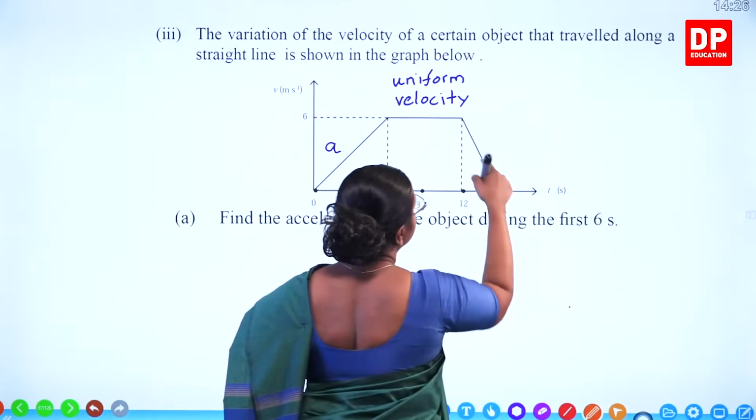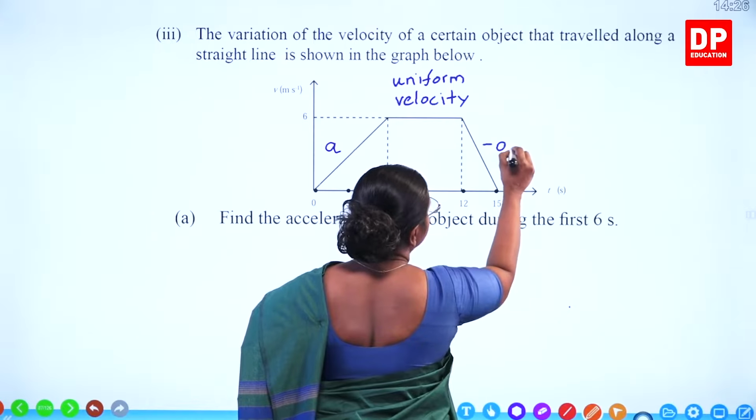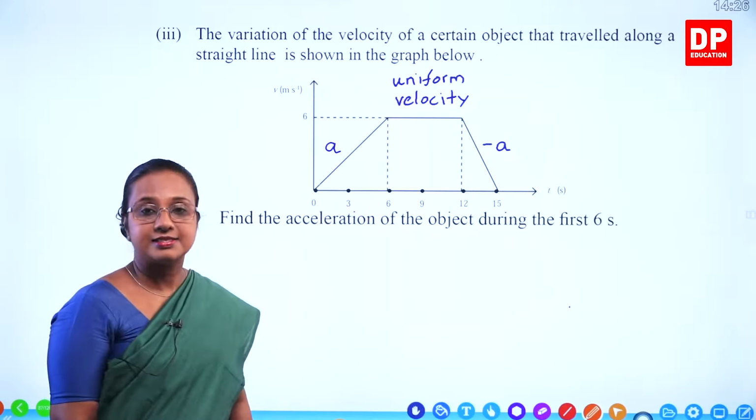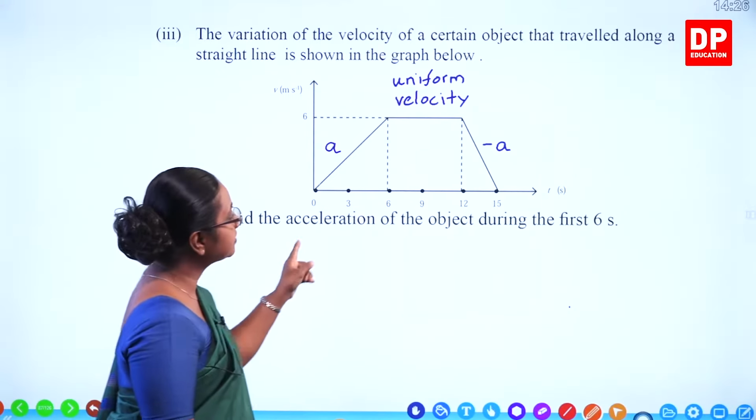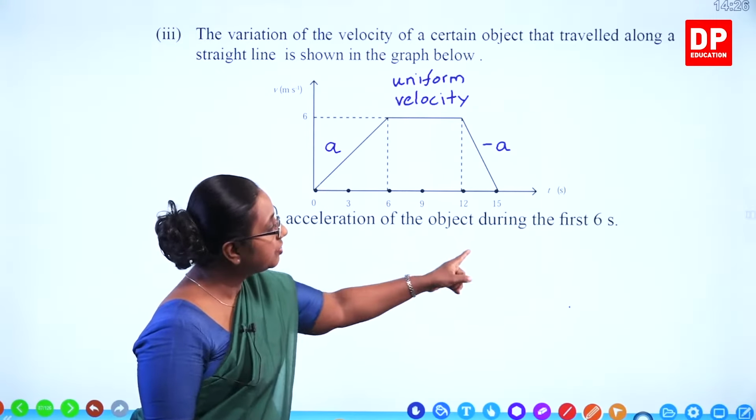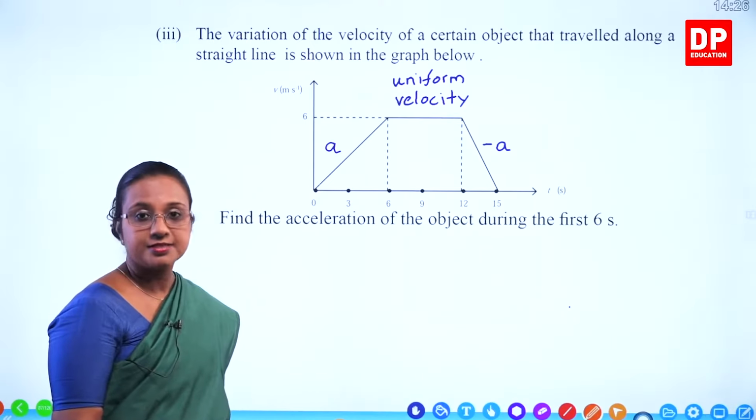And finally, it is deceleration or minus acceleration. So the question is, find the acceleration of the object during the first 6 seconds.